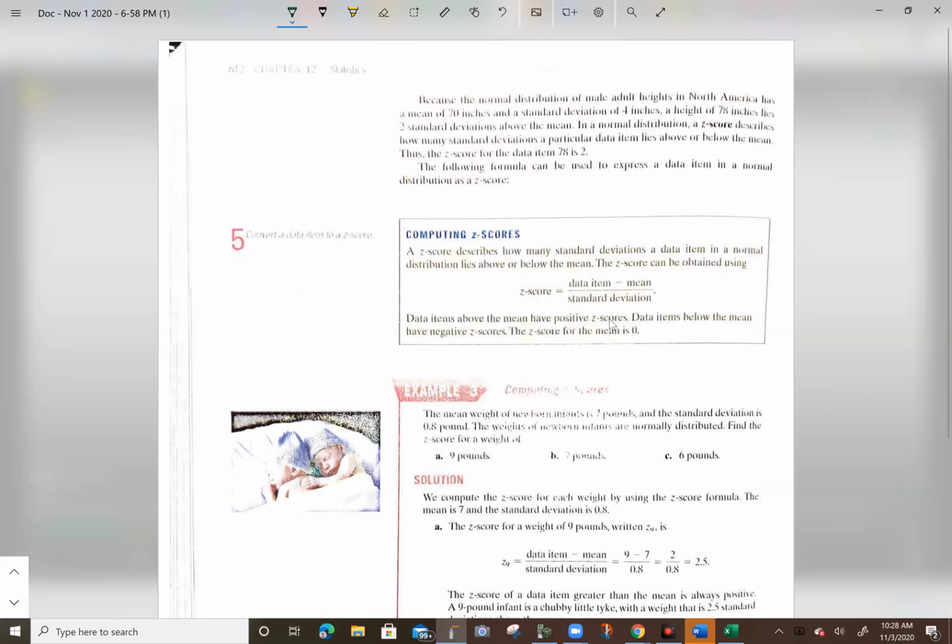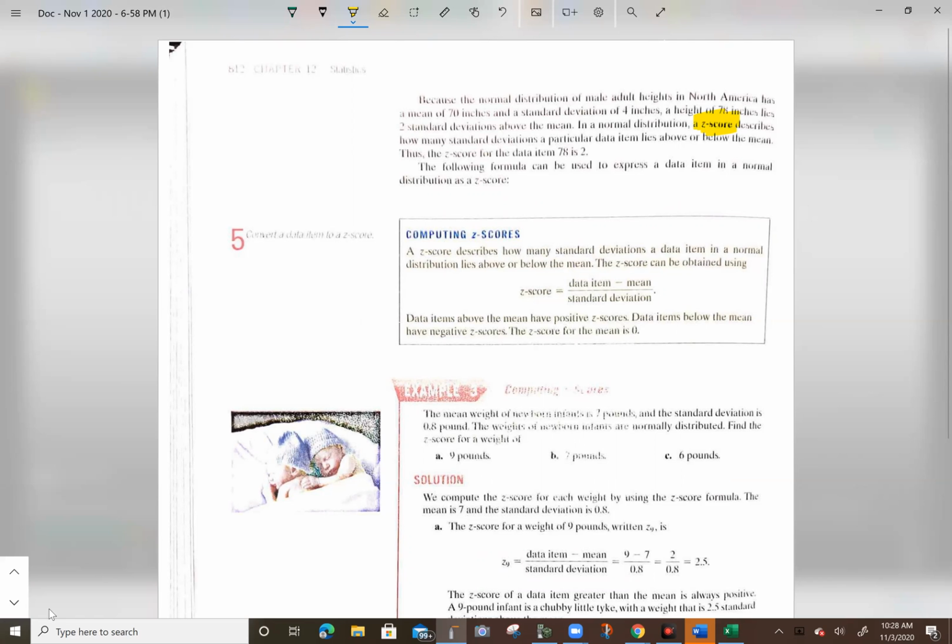All right, this says normal distribution of male adult height in North America has a mean of 70 inches, a standard deviation of 4 inches. In a normal distribution, a z-score, which means standard score, is what I was talking about, describes how many standard deviations a particular data item lies above or below the mean.